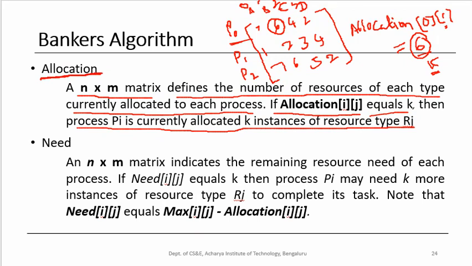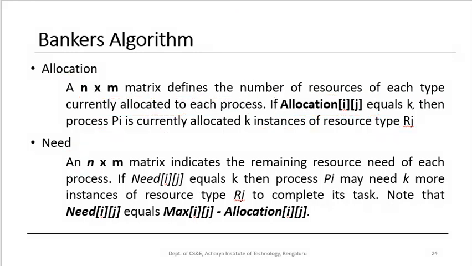This is about allocation. The next kind of data structure that is going to be used by this banker's algorithm is need. So this is also a matrix. Let me erase this.